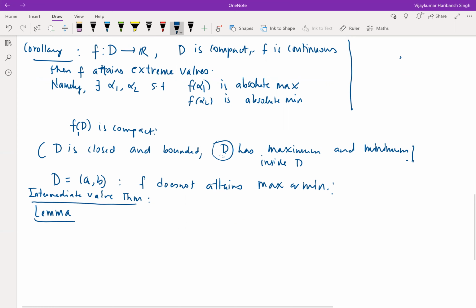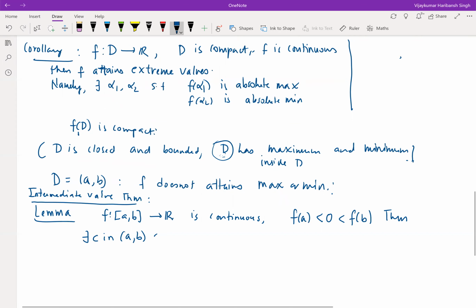So lemma: if you take a function f from a closed interval [a, b] to R, and this function is continuous, and suppose you have f of a less than 0, less than f of b, then there exists a c in (a, b) such that f of c equals 0.